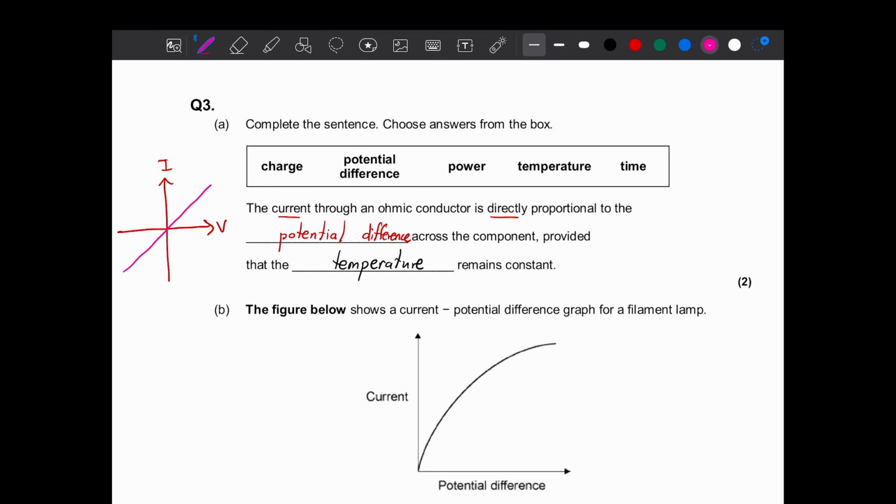This is only true if temperature is constant, because typically increasing temperature increases resistance. And a straight line over here indicates that resistance is staying constant.